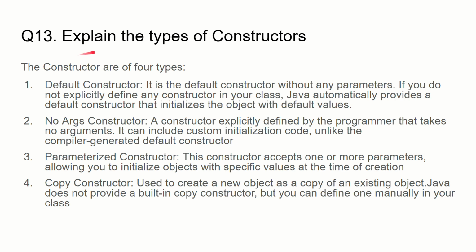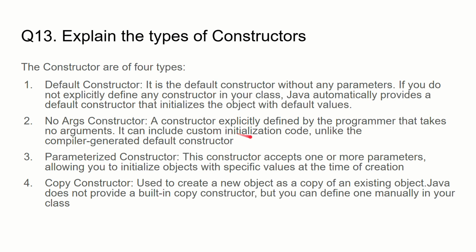Next question on constructors can be, explain the types of constructor. So the constructors are of four types. One is the default constructor. It is provided by Java if you do not define any constructor. Second is no argument constructor. It is defined by a programmer. It takes no argument.